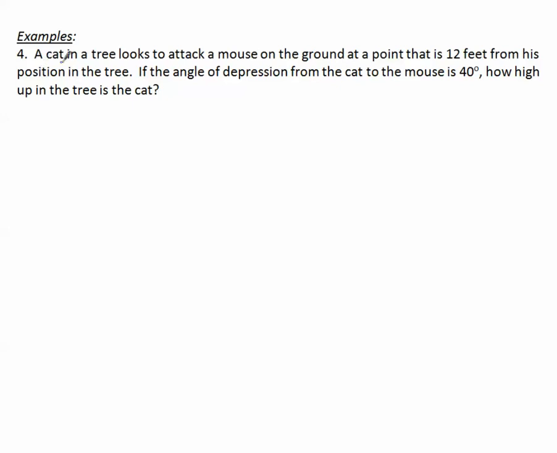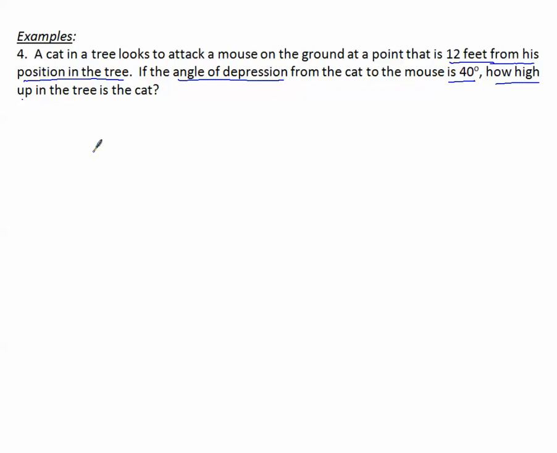Number 4. A cat in a tree looks to attack a mouse on the ground at a point that is 12 feet from his position in the tree. If the angle of depression from the cat to the mouse is 40 degrees, how high up in the tree is the cat?